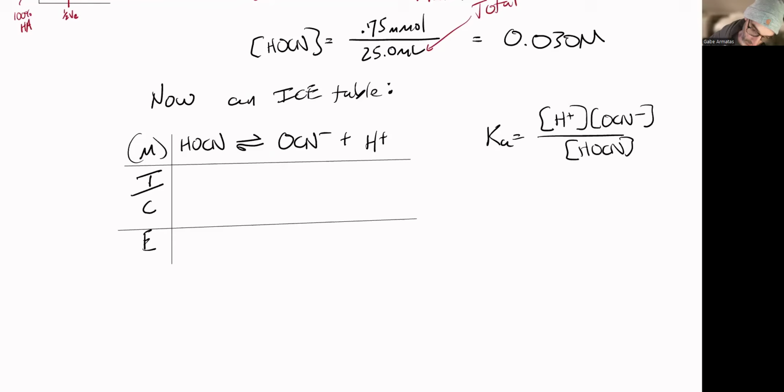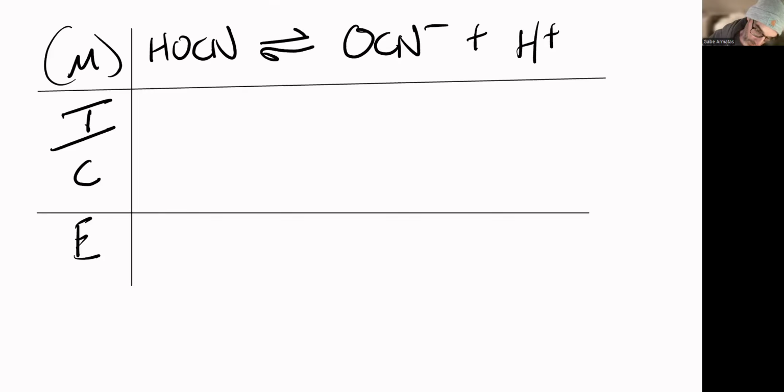Okay. So again, my concentration that I started with, because we're at the 1/2 equivalence point, is 0.030 molar. But remember, I also have the same amount of base, and let's assume I don't have any acid at this point.